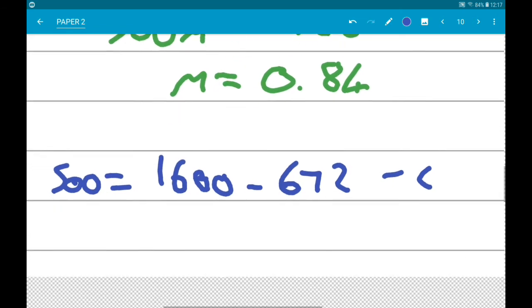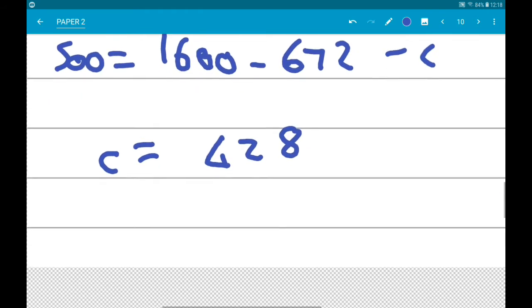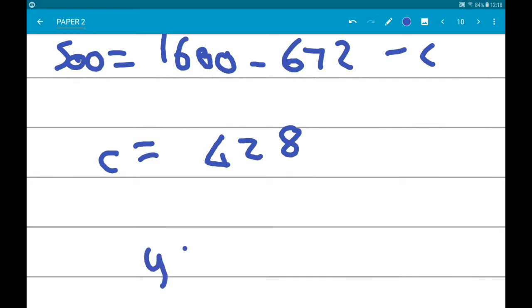So we're going to add c. Now on the right at the moment we have 928. We then subtract 500 and we get c is 428. So finally y is indeed 0.84x add 428.